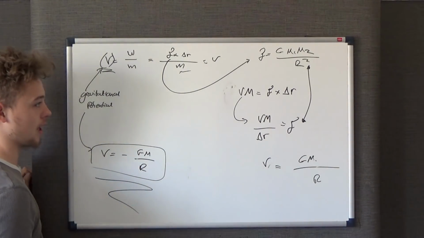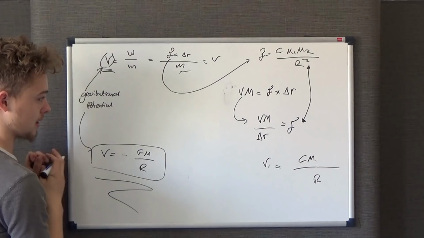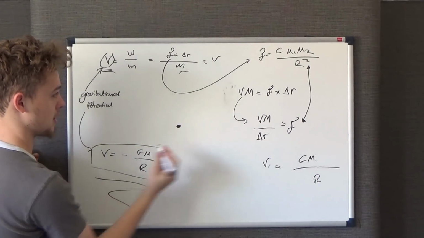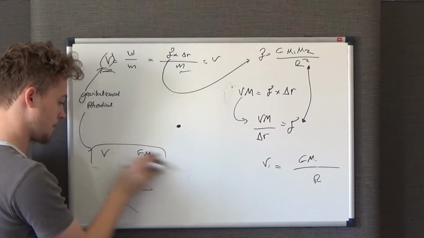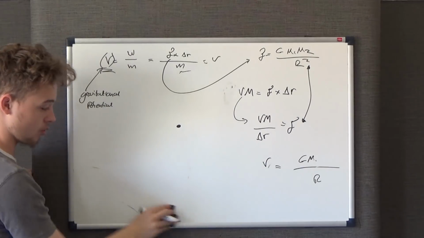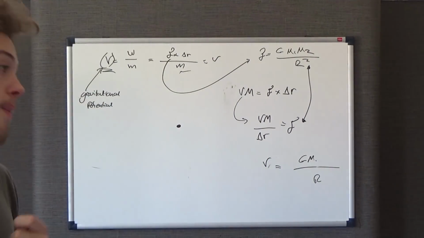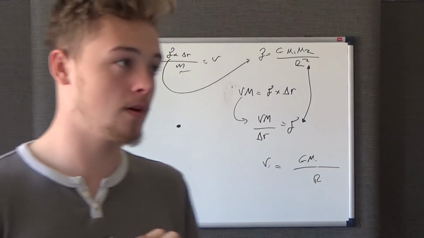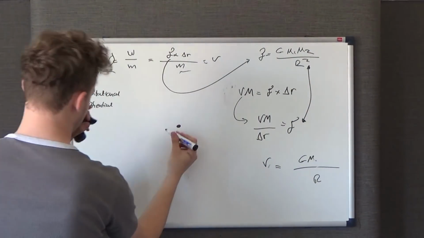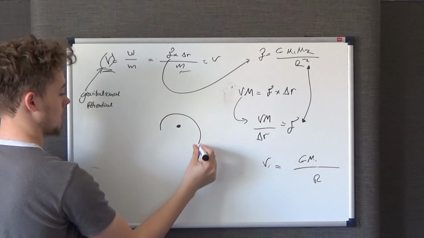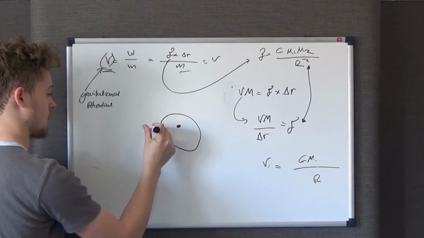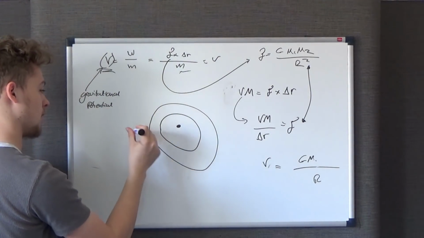And the reason for that is because when we draw a planet, we have these things called equipotentials, which basically an equipotential is a line of constant potential. So this dot is a planet, and this circle that I've drawn around it, now it looks weird. I've got to draw a few more to stop it looking really weird.